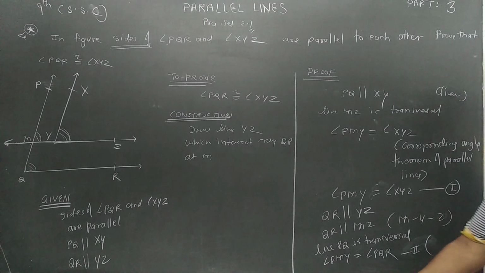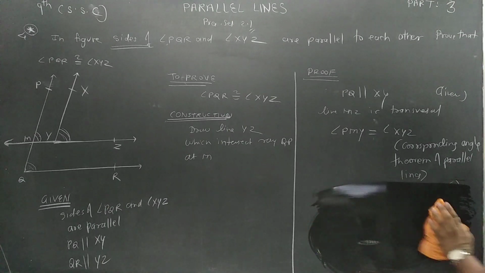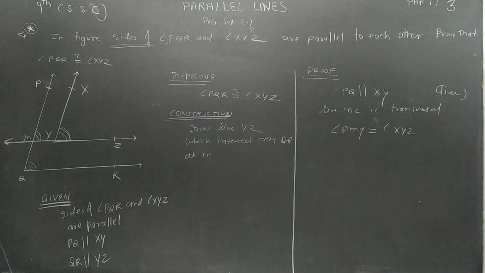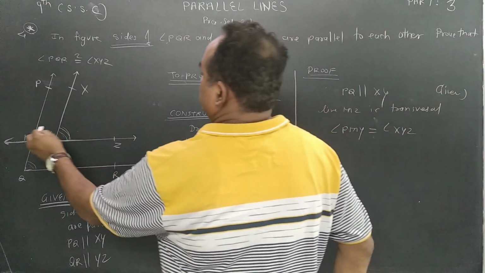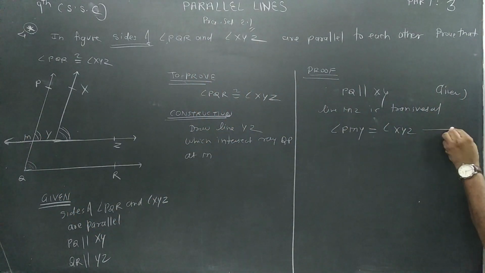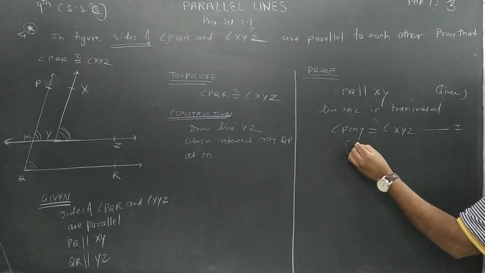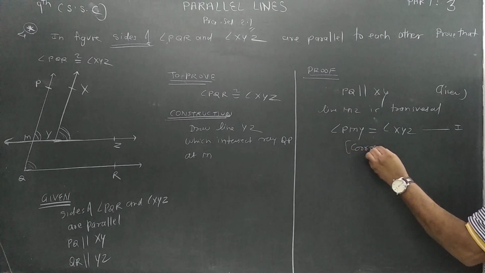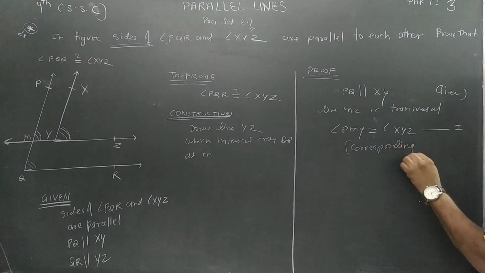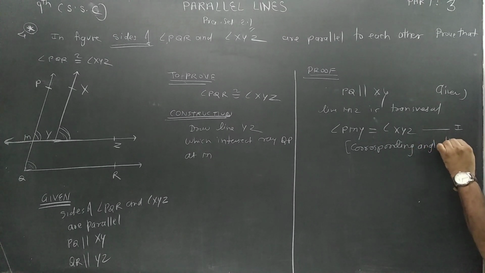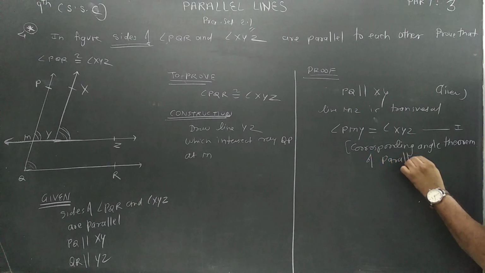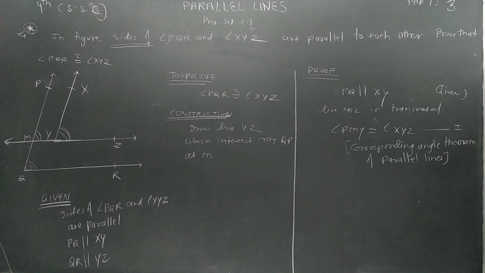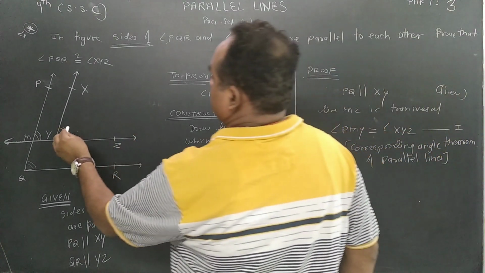or you can do one thing. I'll cut it and I will give this. Now, see once again, this angle is congruent to this angle. This we are going to take as equation 1. And what reason did we write for this? Corresponding angle theorem of parallel lines. Now we got this is congruent to this.